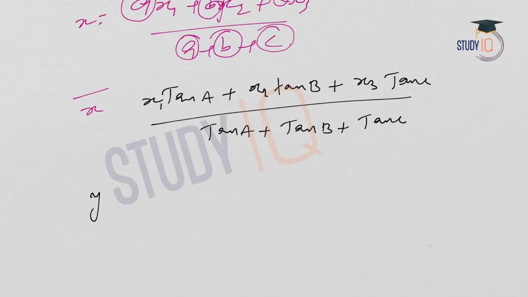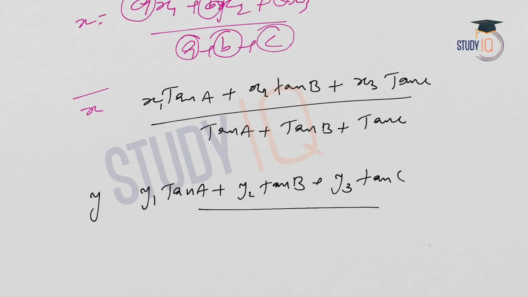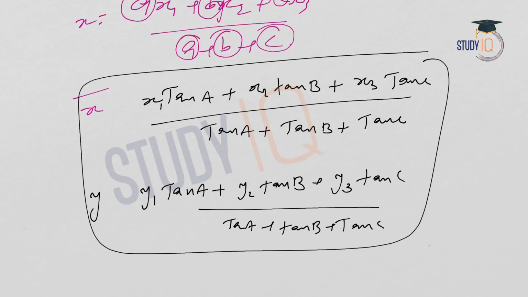Similarly, the Y coordinate will be (y1 tan A plus y2 tan B plus y3 tan C) divided by (tan A plus tan B plus tan C). So this is your Orthocenter, with coordinates X and Y. I hope this is clear for all of you.